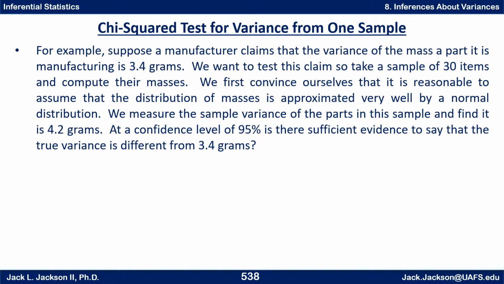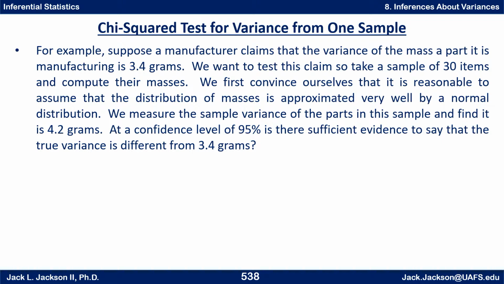Try another example. Suppose a manufacturer claims that the variance of the mass of a part manufactured is 3.4 grams. We want to test the claim, so we take a sample of 30 items and compute their masses.